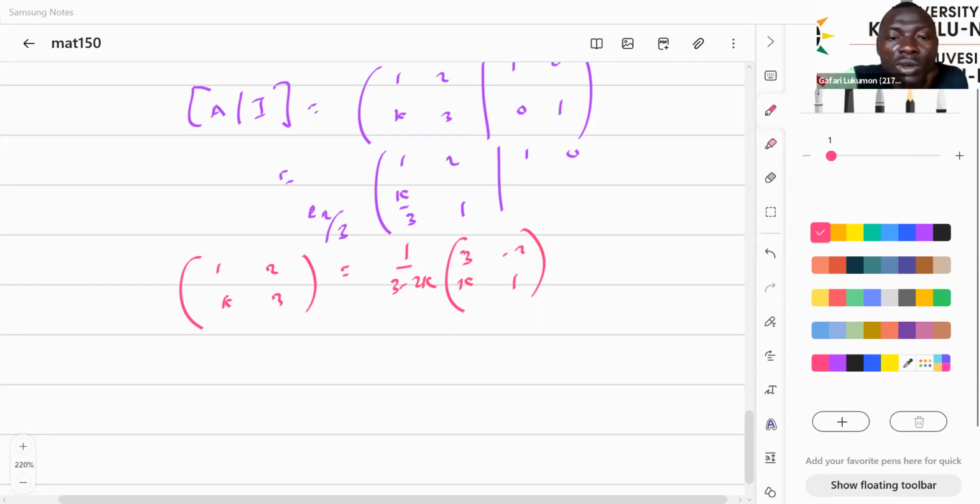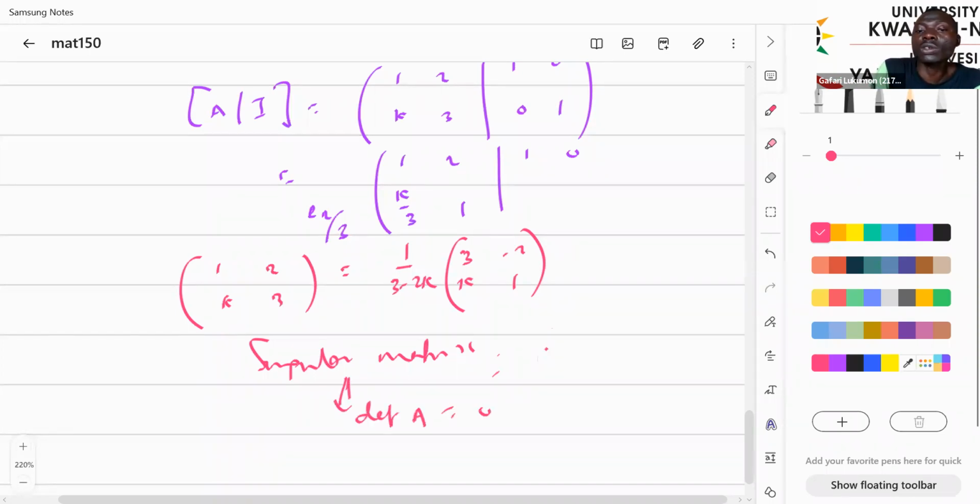So if your k is not equal to 0, okay. Like I said the other time, by the definition of a singular matrix, if a matrix is singular, its determinant of A is equal to 0.